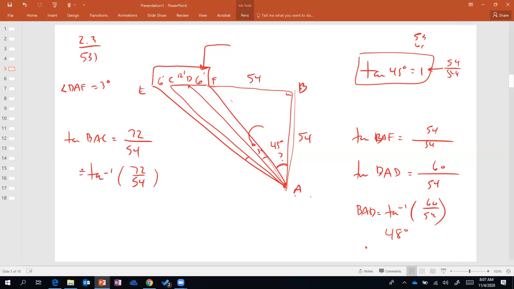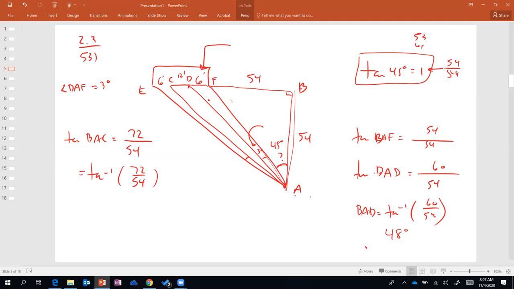Wait, wouldn't BAD be 3 degrees? Sorry. It's going to be either FAD or DAF. It's going to be the same thing. DAF and FAD.